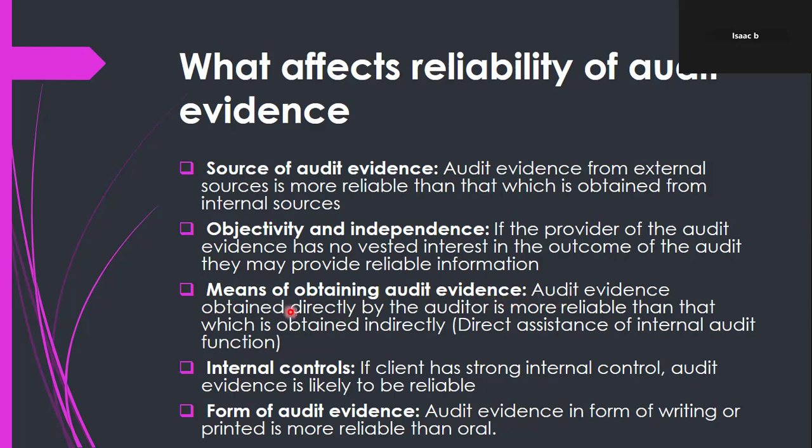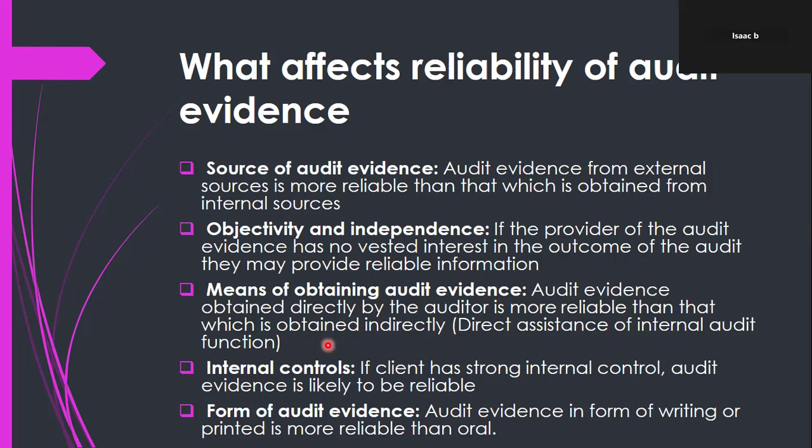Then means of obtaining audit evidence. Audit evidence obtained directly by the auditor is more reliable than that which is obtained indirectly, right? For example, direct assistance of the internal audit function. If the auditor goes into the business and obtains this particular audit evidence, it's more reliable than seeking the assistance of the internal audit function, because the internal audit function may not be as objective.